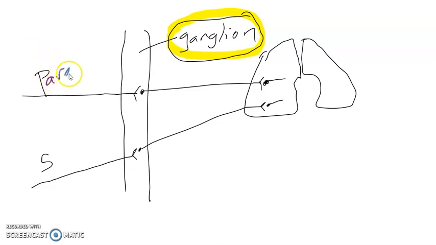So both the parasympathetic and the sympathetic are going to be activated if we act on the ganglion.